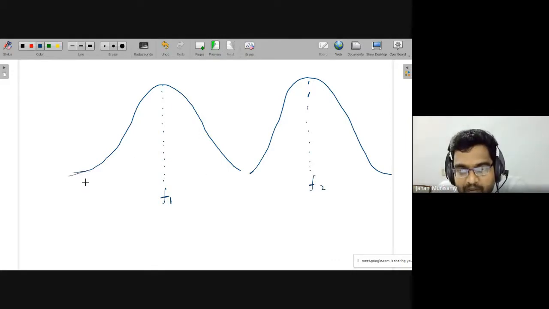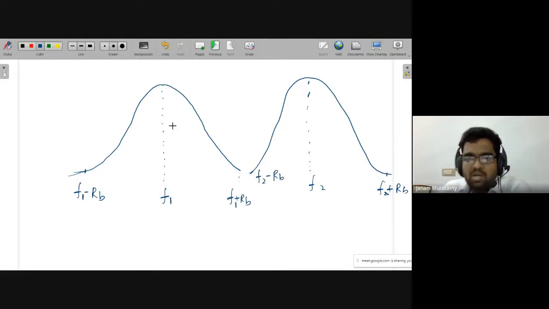If you write the spectrum, because at any point of time it is carrying the data rate, this frequency is F1 minus Rb, this is F1 plus Rb. Similarly, this is F2 minus Rb and this is F2 plus Rb. When we did AM modulation we wrote fc plus fm and fc minus fm, the same concept applies here, because there we did a multiplication and here also it is the same multiplication.